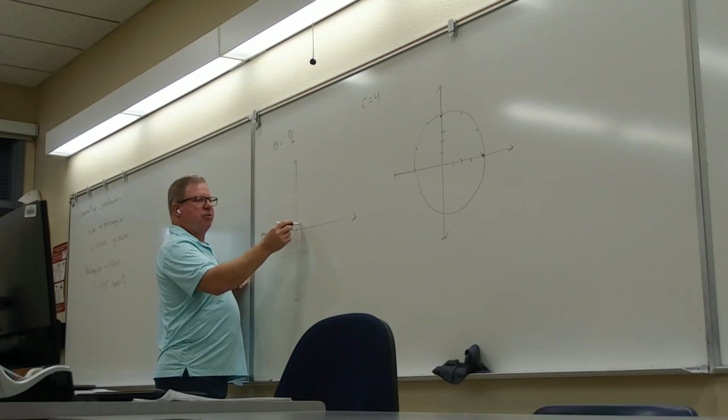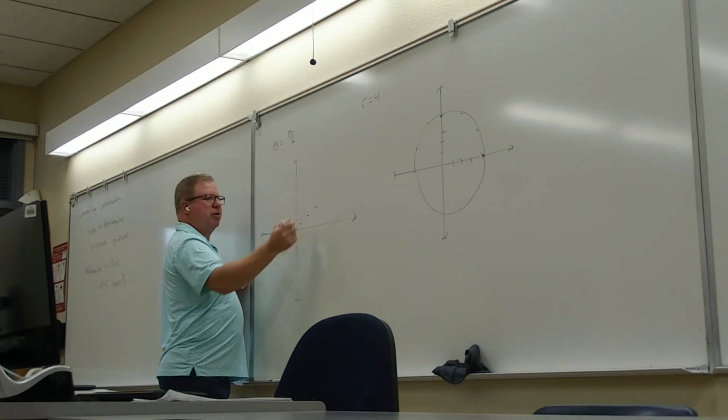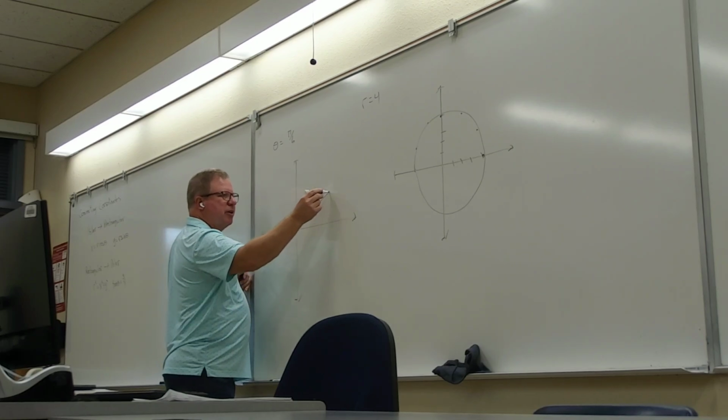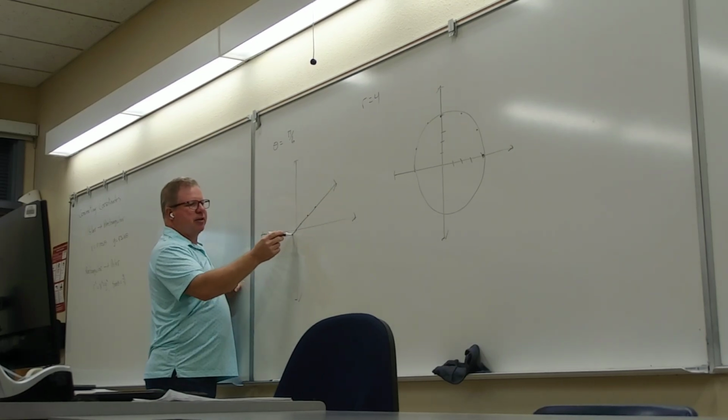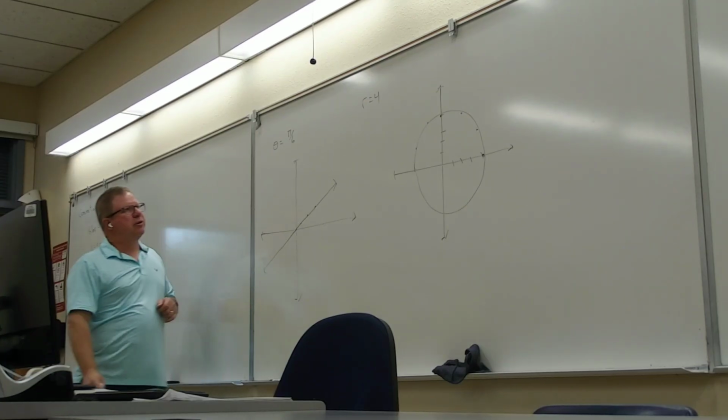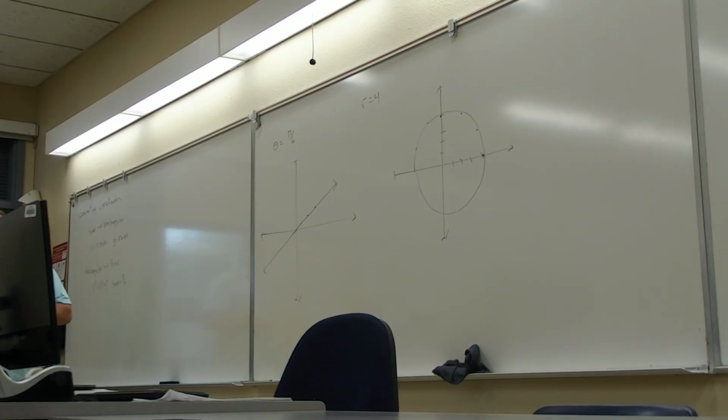So it can be out 1, it can be out 2, 3, it can be as far as you want. And it can be negative, so it can be anything this way. So when we state something like theta equals an angle, it is a line. Rotate from the positive x-axis that much and make a line. That's it.